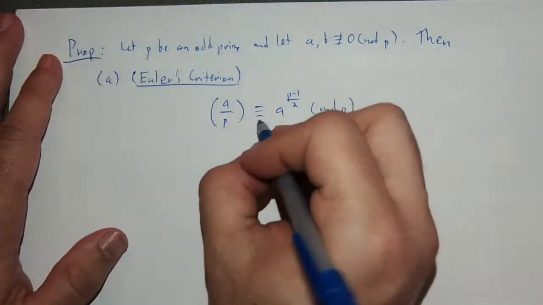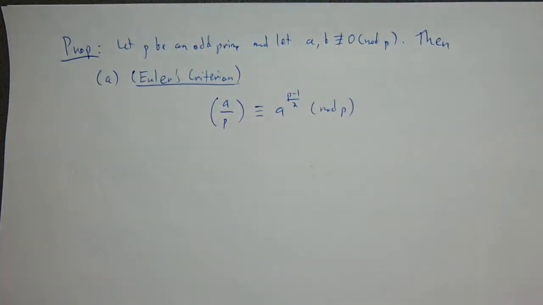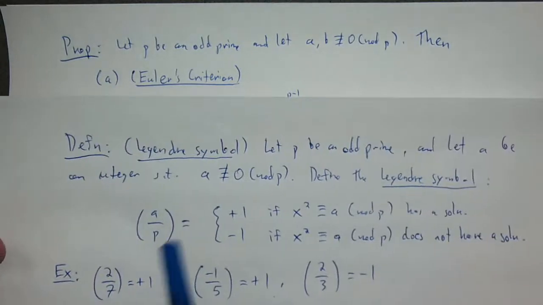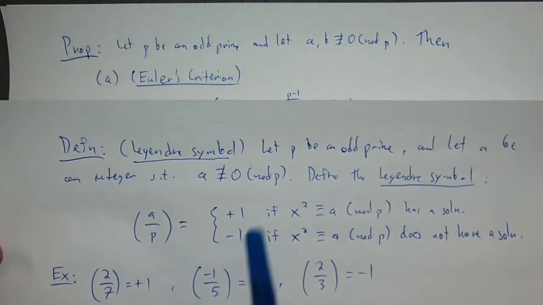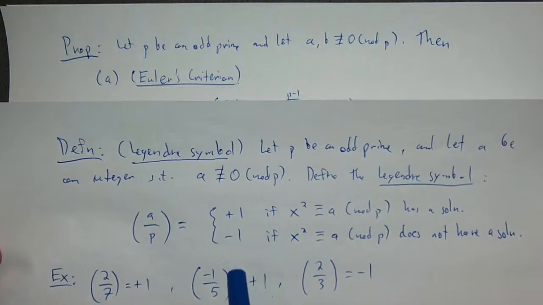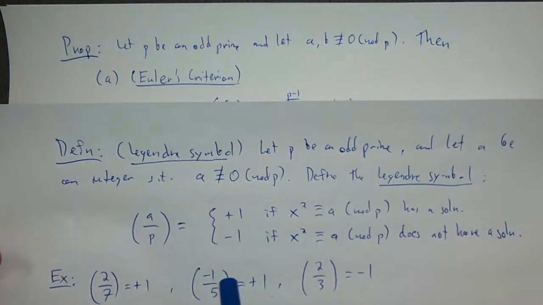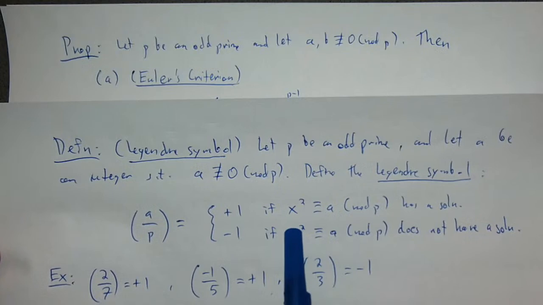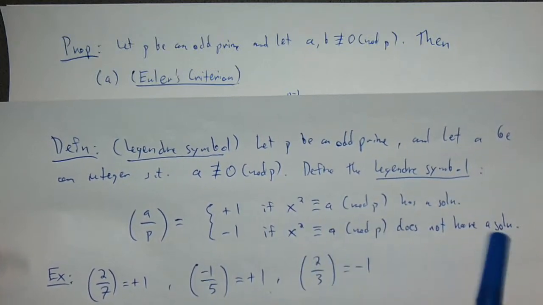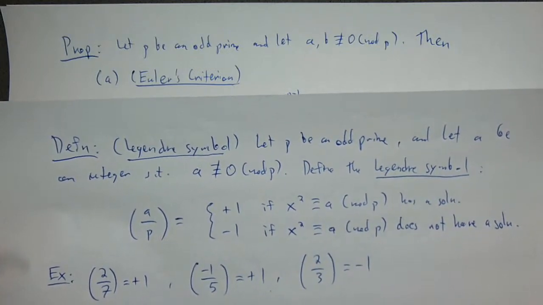Okay, note this is a congruence here. What do I mean by that? Well, I defined the Legendre symbol as a over p is just straight up equal to a number. It's either plus or minus 1. It's plus 1 if a is a square mod p, and it's minus 1 if a is not a square mod p, right?